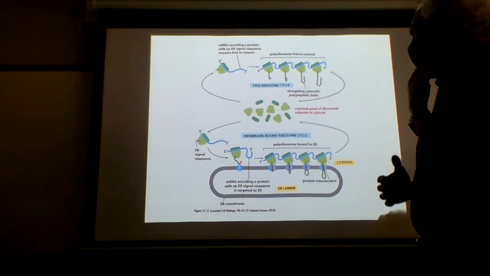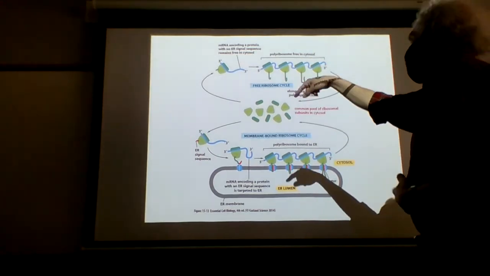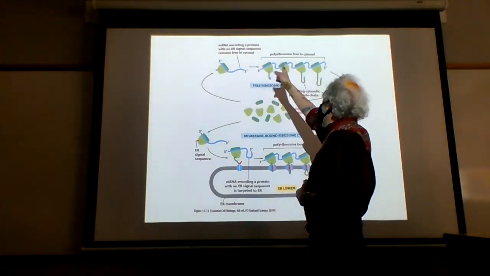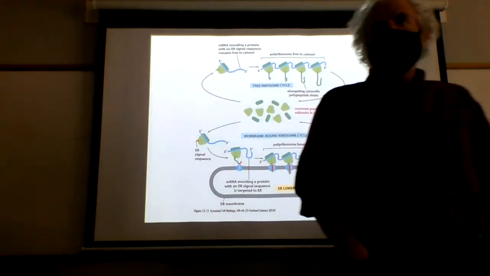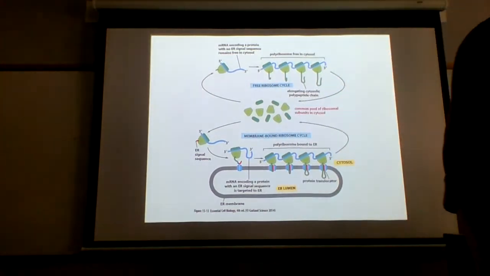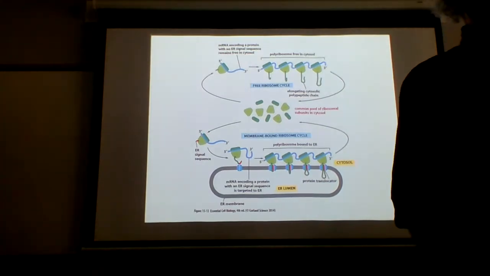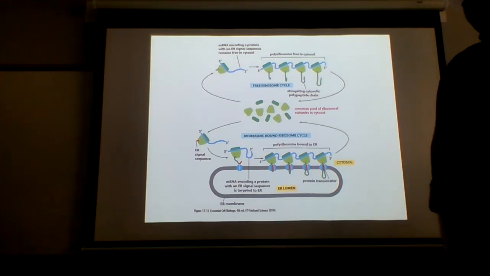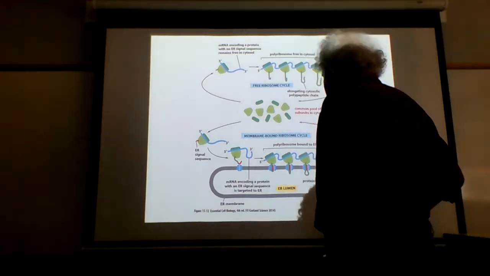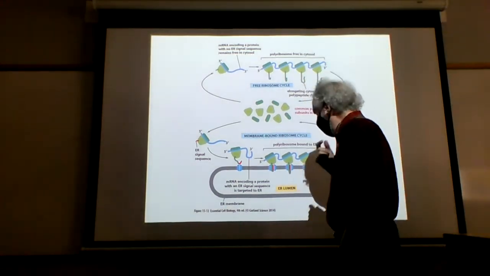The critical point is everybody starts out on free ribosomes. These are the ribosomes floating about the cytoplasm. All RNAs start here. Now, if the RNA has a signal sequence, the signal sequence gets translated, and that is recognized by the signal recognition particle.